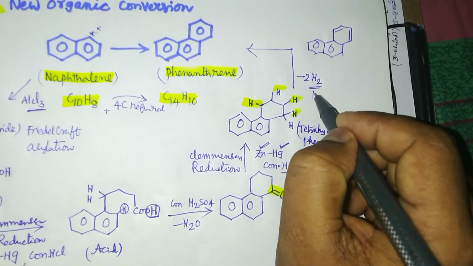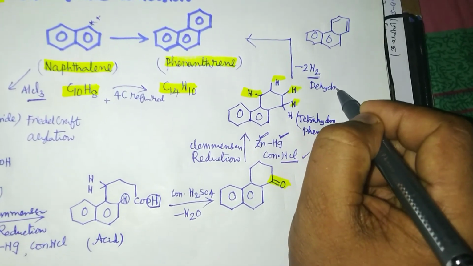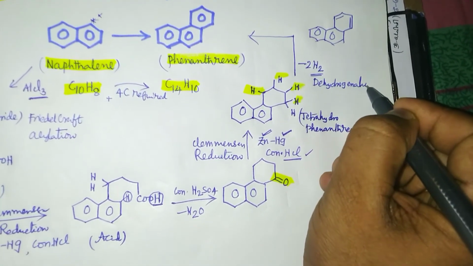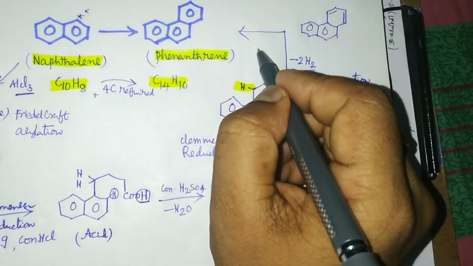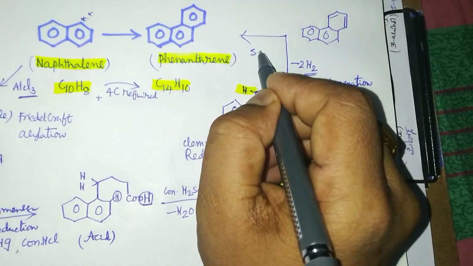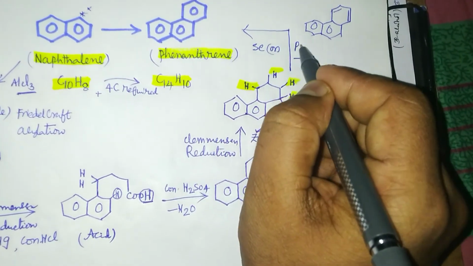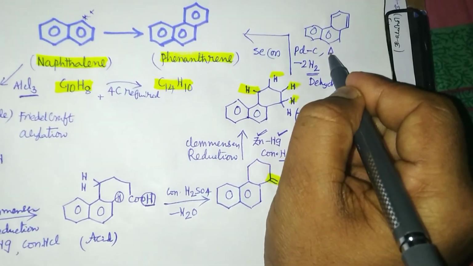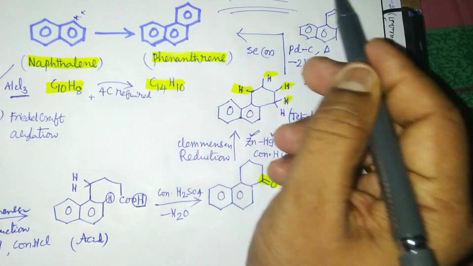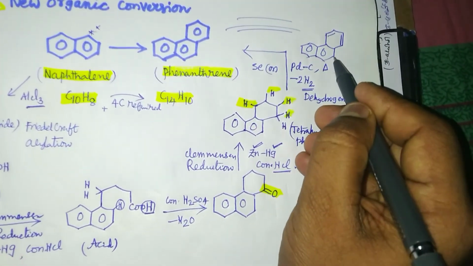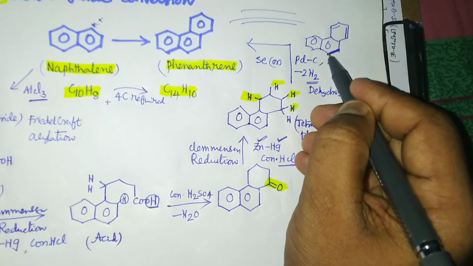This process is a dehydrogenation process. This dehydrogenation process is carried out in the presence of selenium or palladium on carbon along with heat to form phenanthrene. Phenanthrene is an aromatic hydrocarbon.